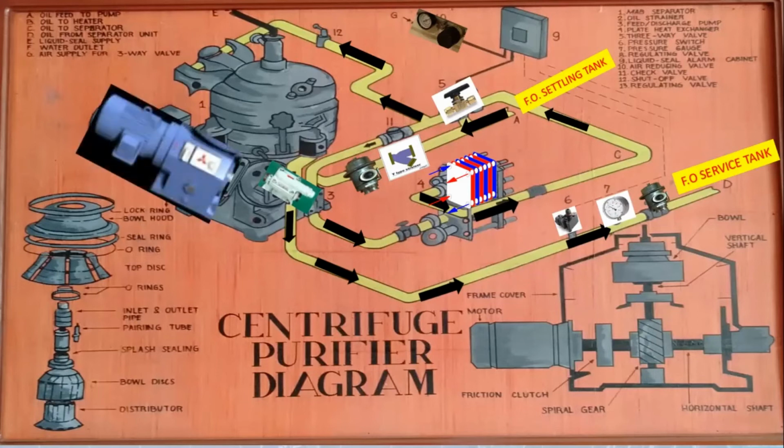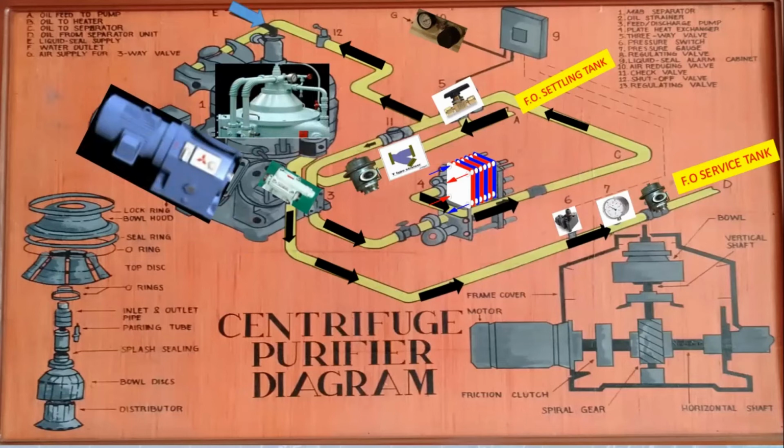Then the purifier motor starts until it reaches maximum speed or RPM, revolutions per minute, while the letter E from the freshwater operating tank is used for introducing water for the fuel oil purifier, for replacement and sealing water, and also for opening and closing of the bowl by activation of solenoid valves.